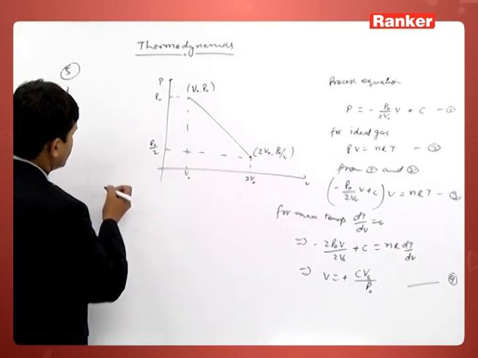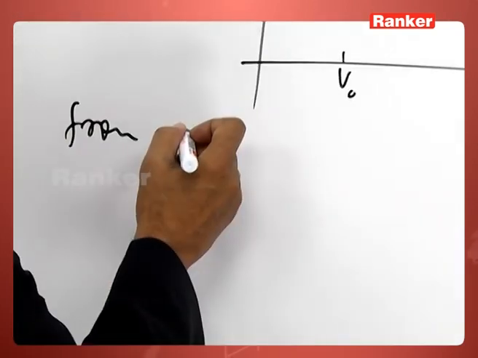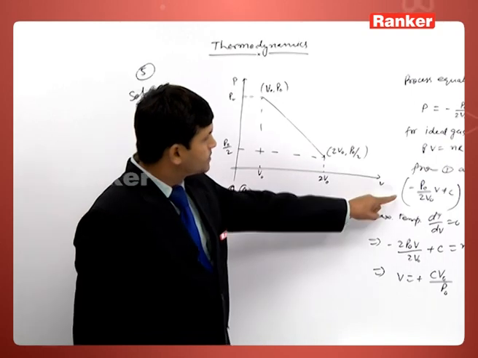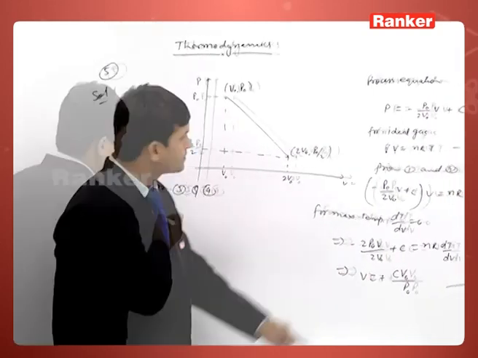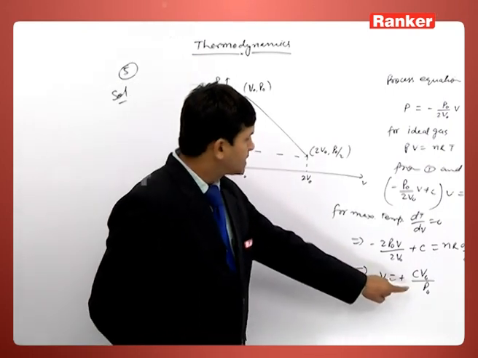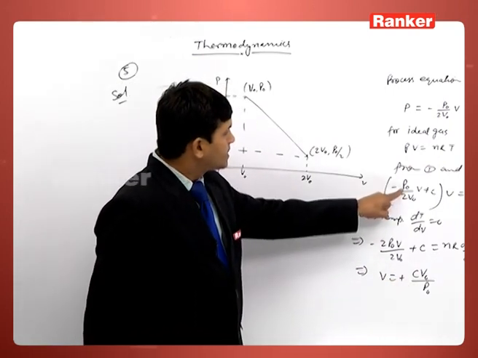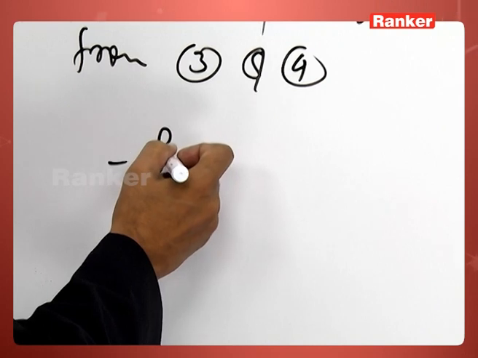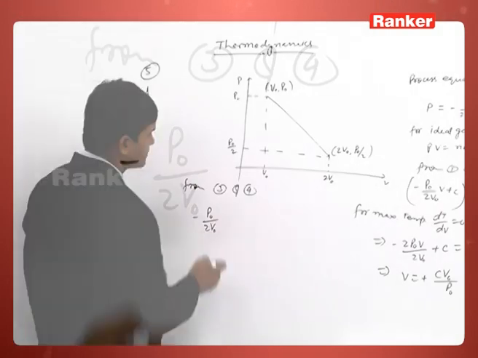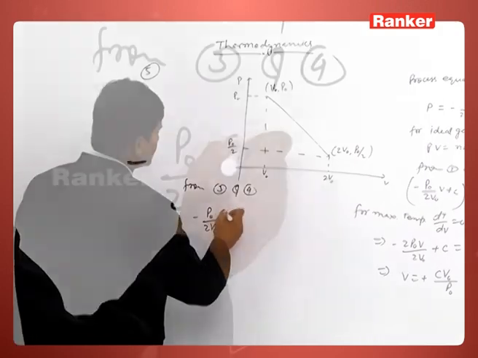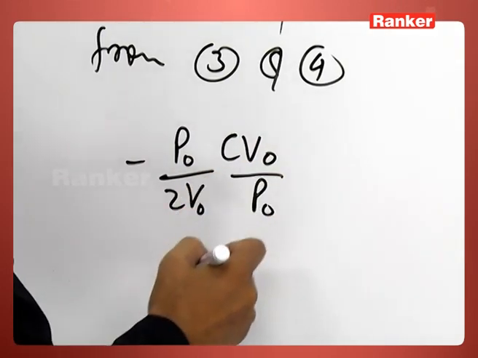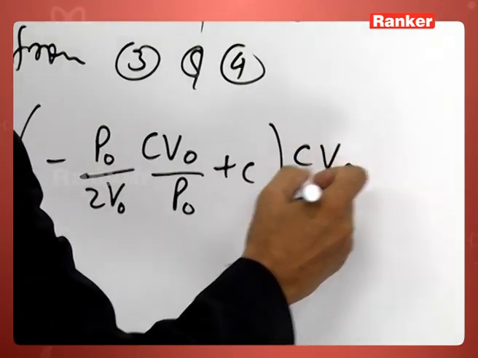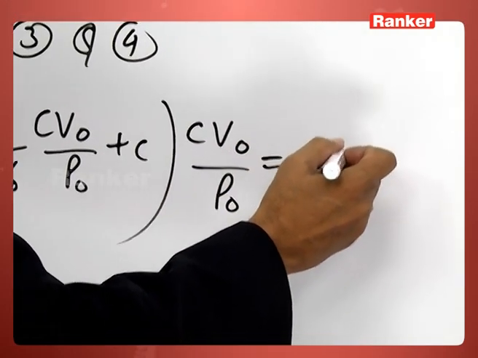Now from third and fourth, substitute the value of V: minus P0 into V, P0 by 2V0 into V, where V is C V0 by P0, plus C into V, CV0 by P0, is equal to nRT.